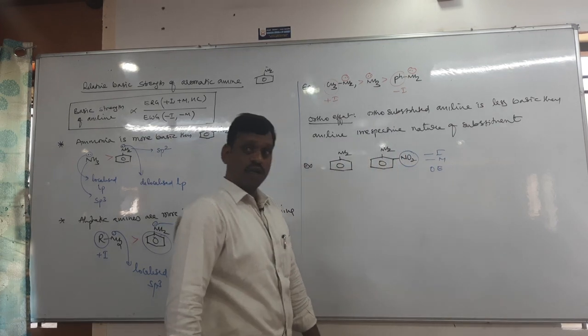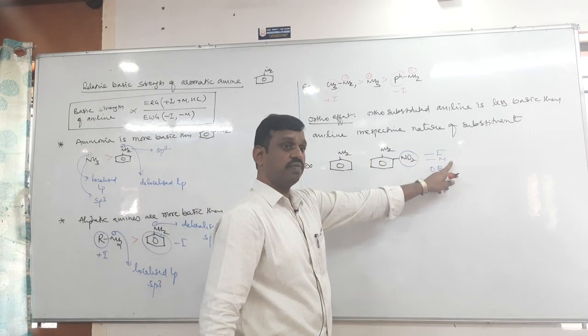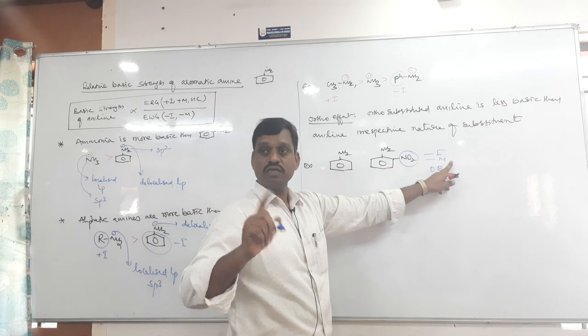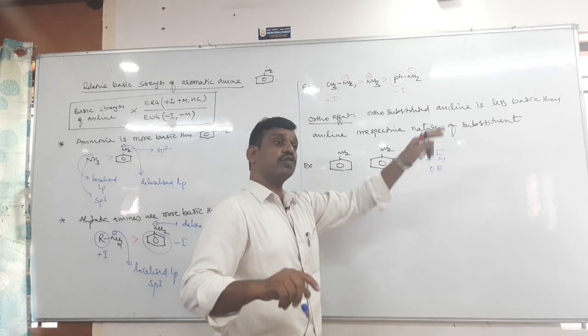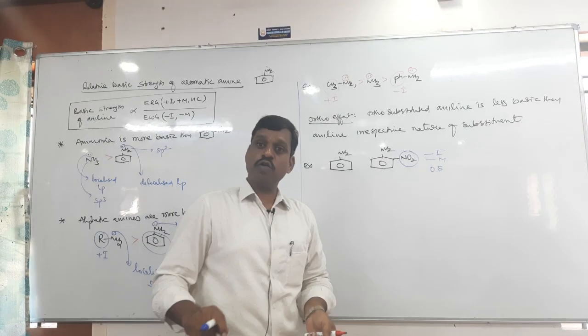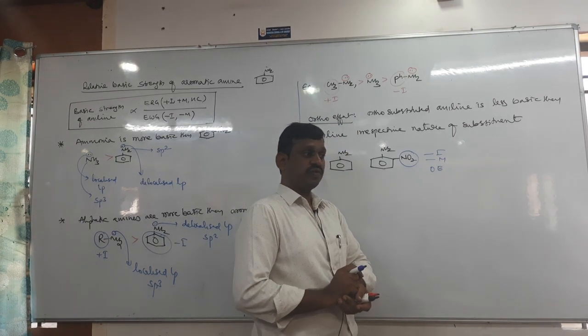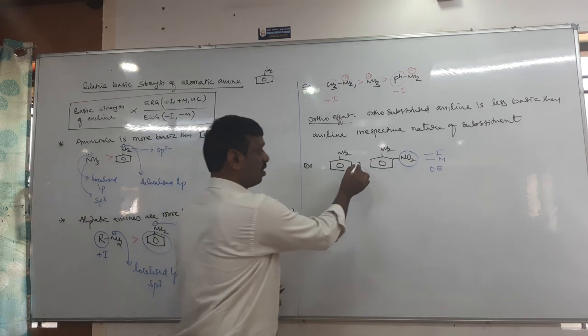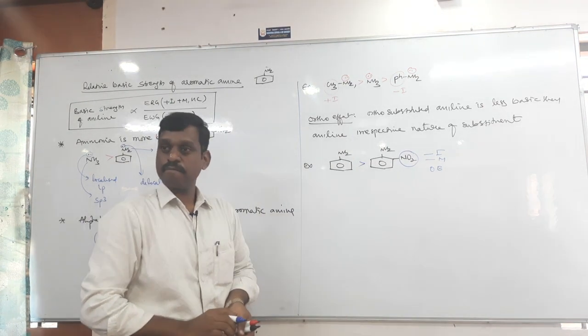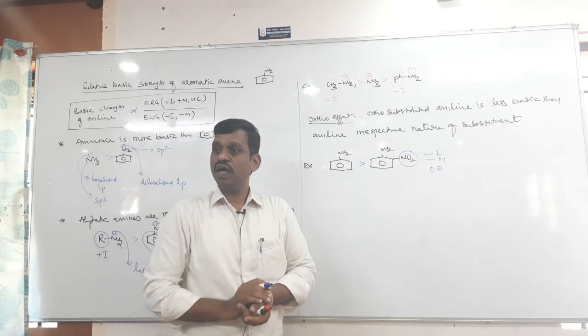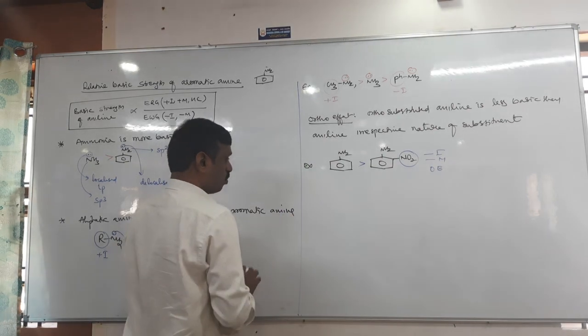Minus I and minus M both decrease basic strength, and the ortho effect also decreases basic strength. Remember, the ortho effect is much stronger compared to the remaining two effects. So which is more basic? Aniline is more basic compared to ortho substituted aniline. Next, one more.